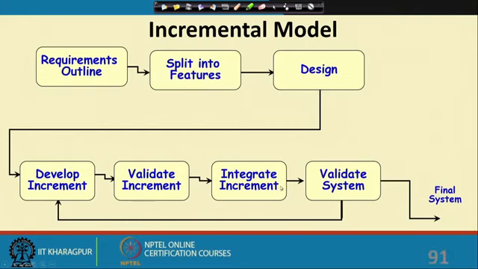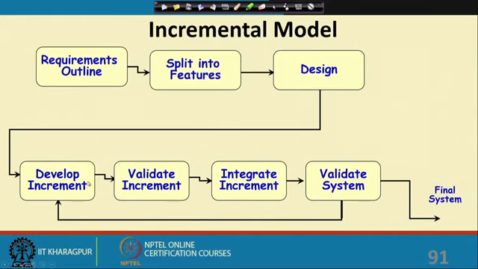But as far as the designers and developers are concerned, the model they follow is something like this: they get the initial requirements, split them into deliverable features, and do an overall design.